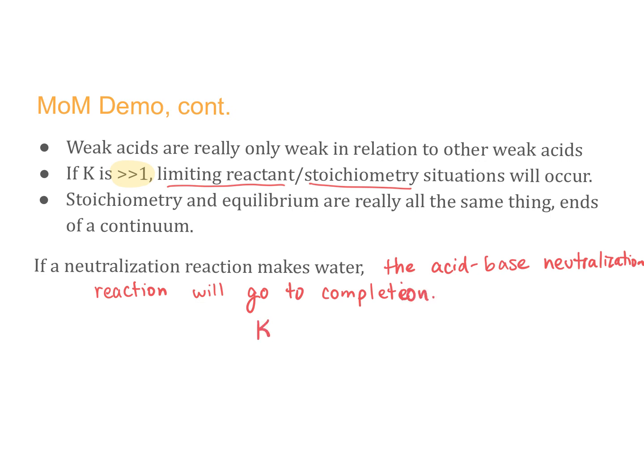So it's because of K being 1 times 10 to the positive 14th or 28th, depending on how you write the coefficients. So anytime we are making water, we are going to be talking about stoichiometry, about one-way arrows, and about limiting reactants.